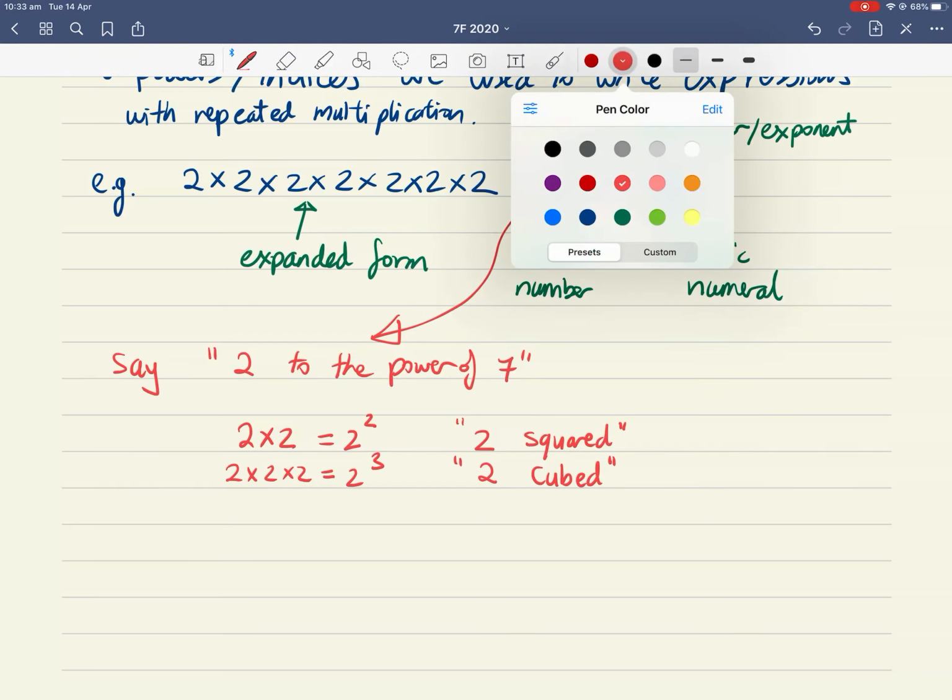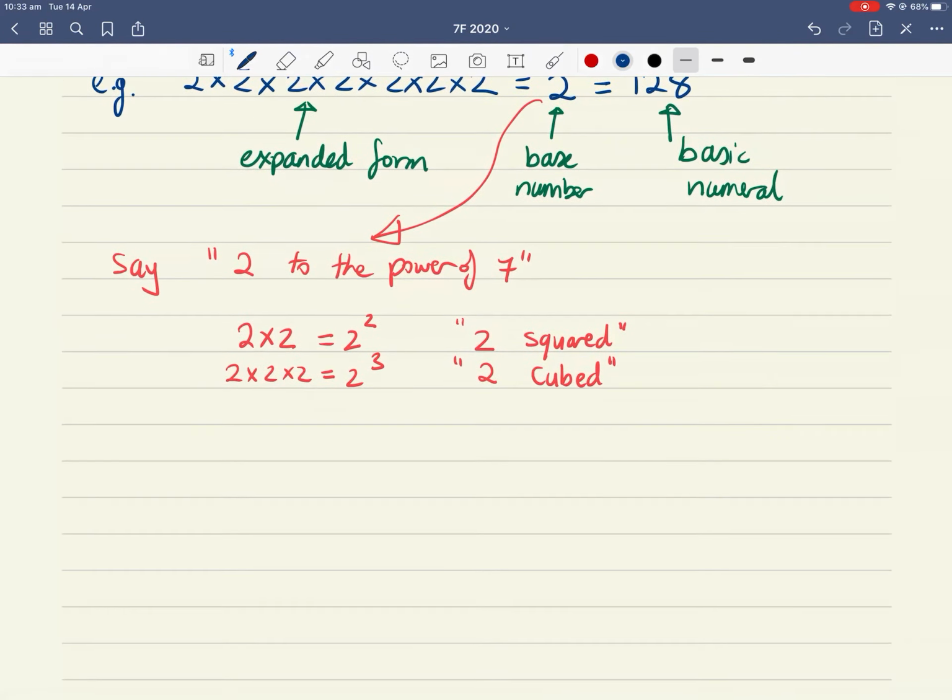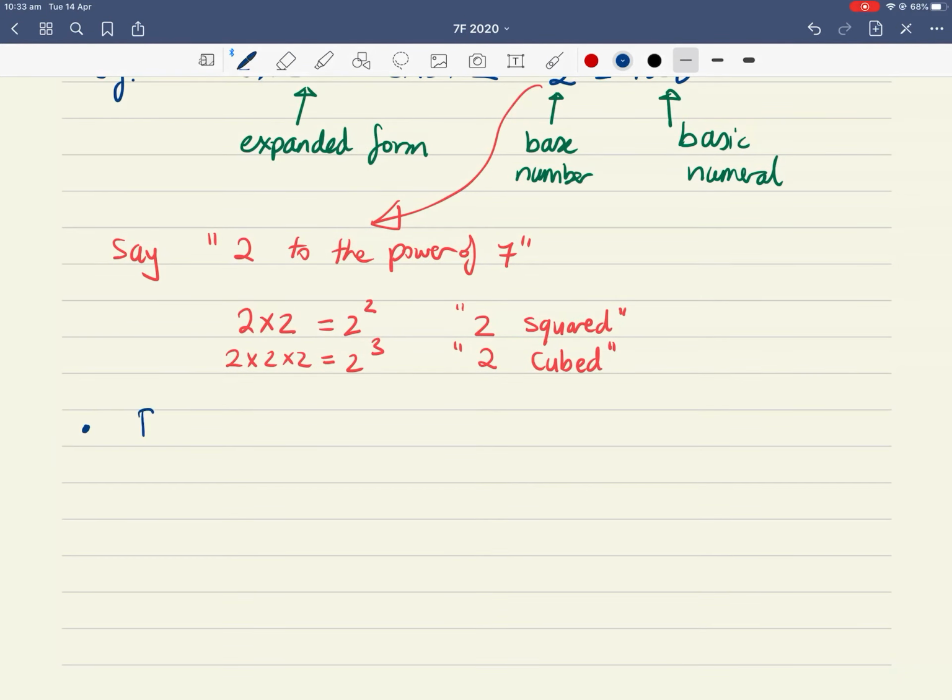Right, so the next key idea is, well, in the world of BOMDAS, remember how there's order of operations? Where are powers in BOMDAS? Well, the O in BOMDAS stands for order, which is also another word for powers.